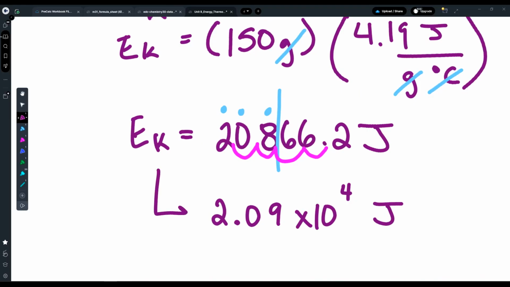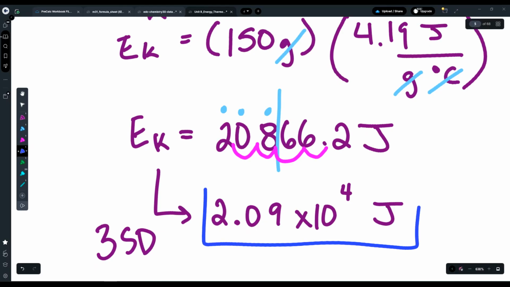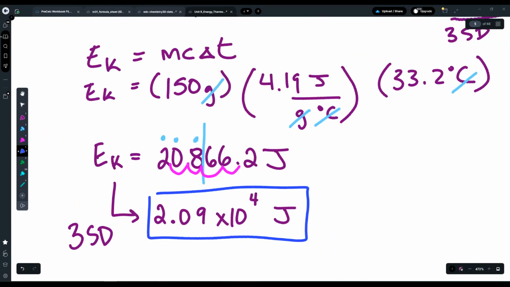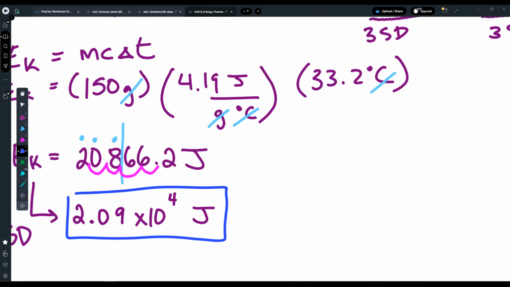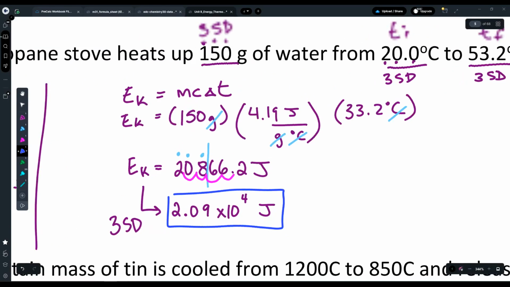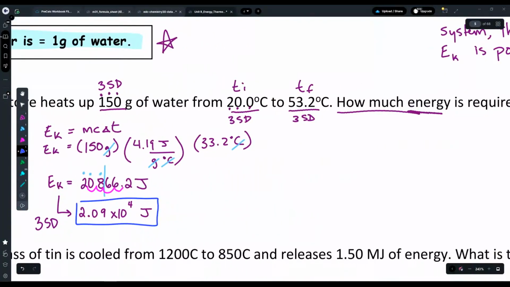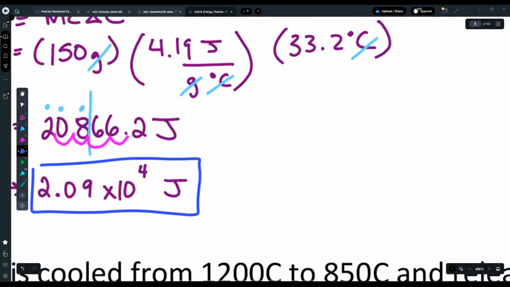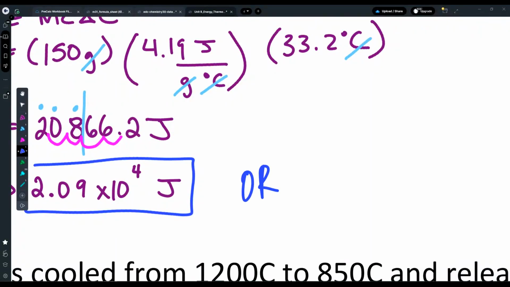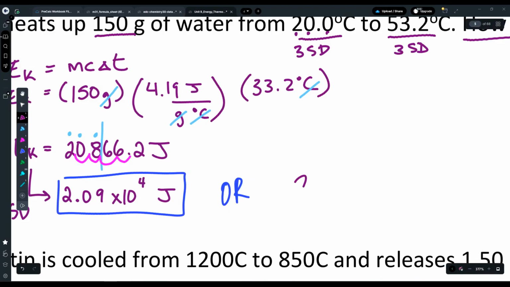So this is our answer in 3 sigdigs. Now, if you're wondering if you could have written this answer in kilojoules and just avoided scientific notation, yep, you could, because the question didn't specify what units it wanted energy in. So we could have also done 20.9 kilojoules.